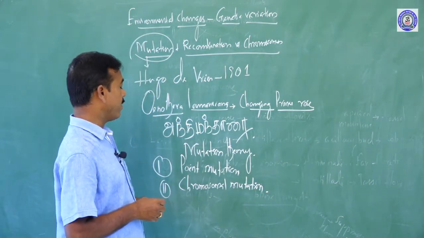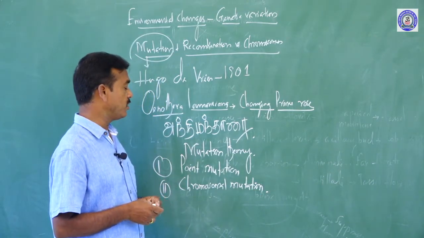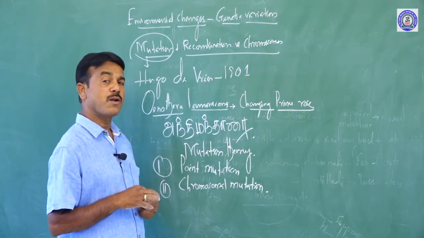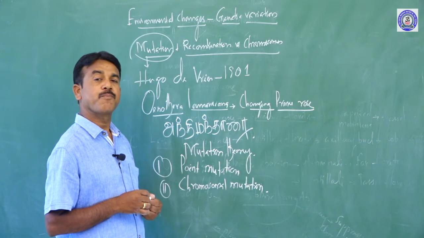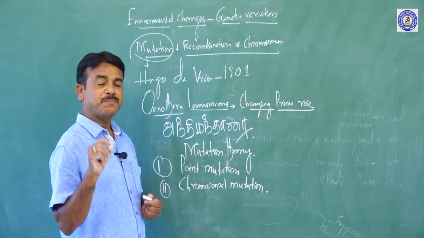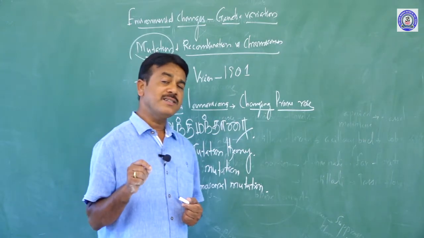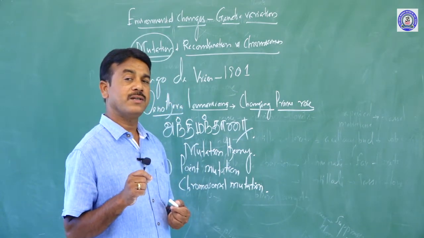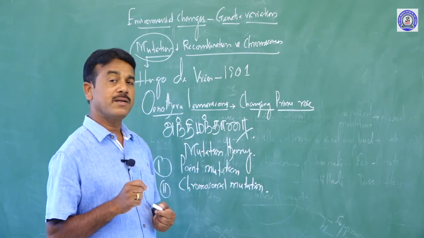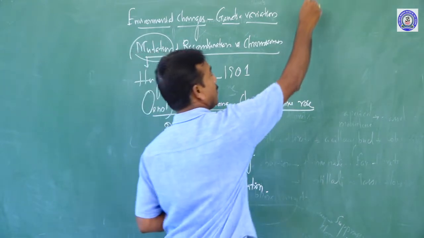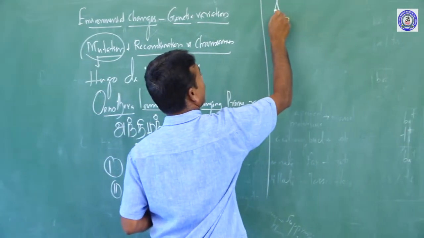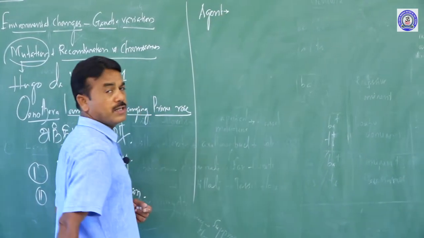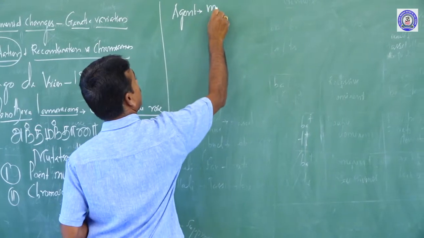Before entering point mutation and chromosomal mutation, we must discuss some components of mutation. Which substances or agents are responsible for creating a mutation? They are commonly called mutagens, the agents that create a mutation.